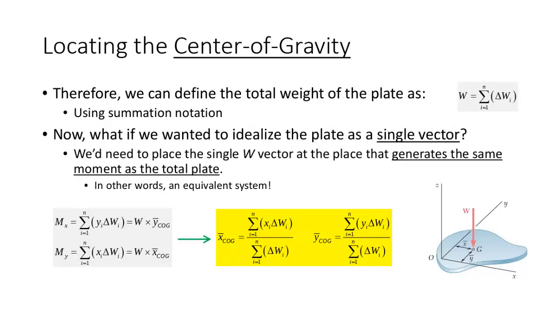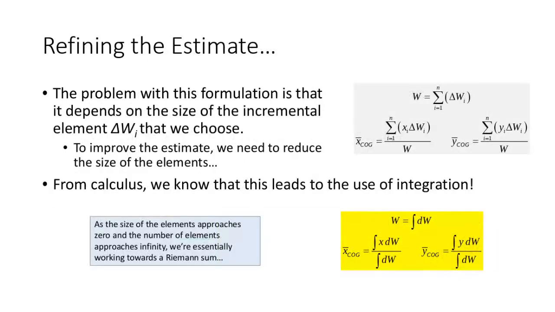Now, first off, before we delve into centroids, let's see if we can refine this estimate a bit. So I propose we've got the center of gravity, which is the sum of your weights times their moment arms divided by the sum of the weights. But I'd like to refine that estimate.